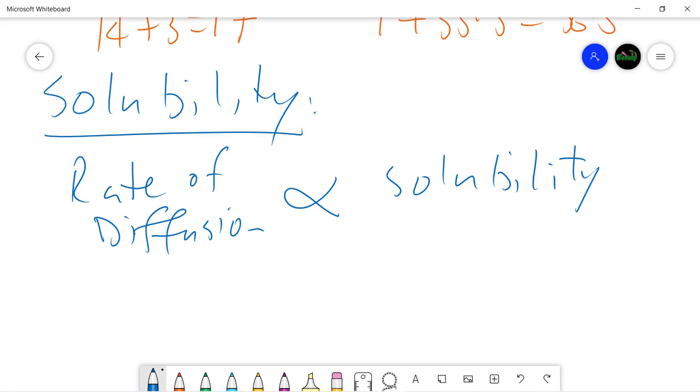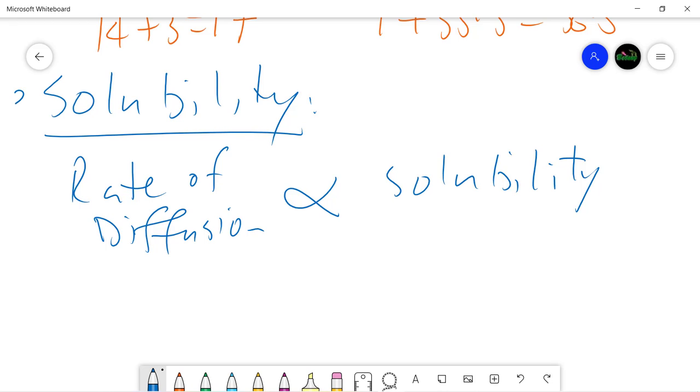First we saw that increasing the temperature increases the diffusion rate, and density: lower density, diffusion will be faster, and higher density, diffusion will be slow. And then solubility: greater the solubility, greater will be the rate of diffusion.